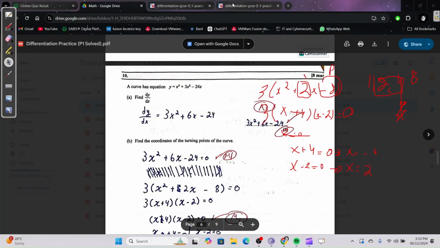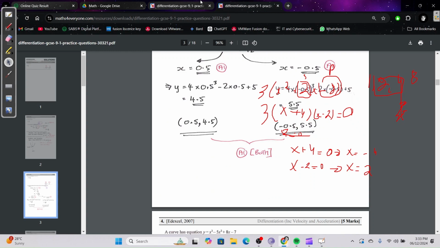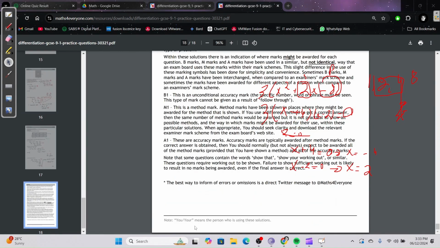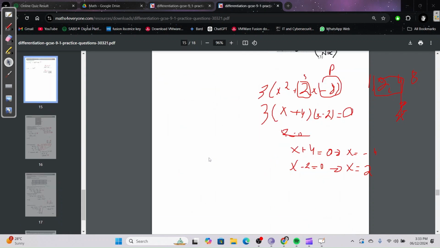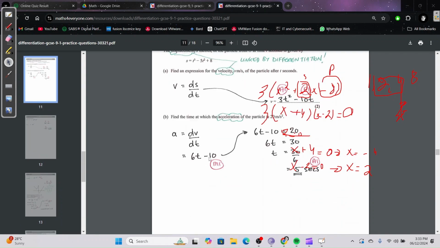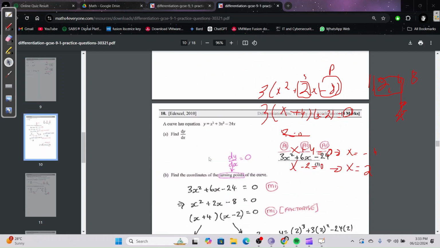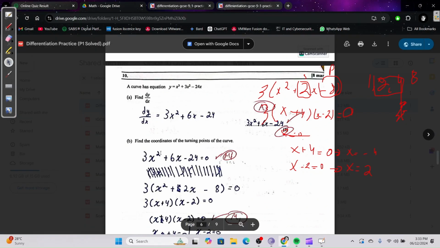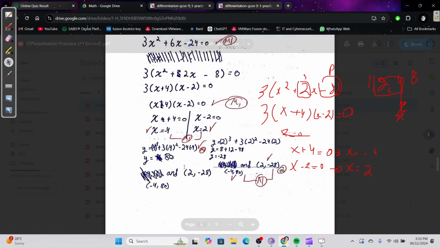So -40 or -80, because I am missing something. It's going to give you -4 and 80. I don't know where I got -40 from, but I did solve it and I got 80.